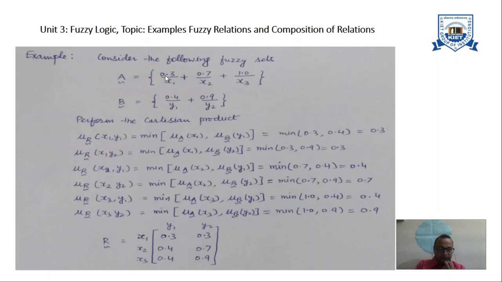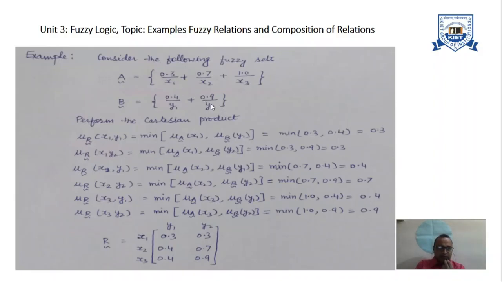Similarly, for the association between x1 and y2, the membership value is again 0.3, because x1 has membership value 0.3 and y2 has membership value 0.9, and the membership value of the link is the minimum of these two.